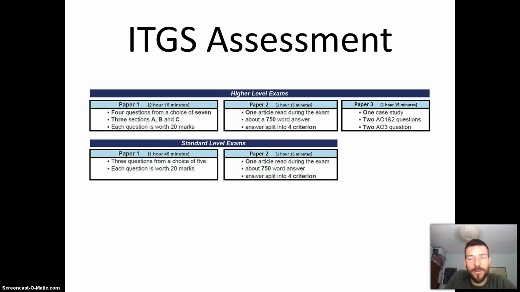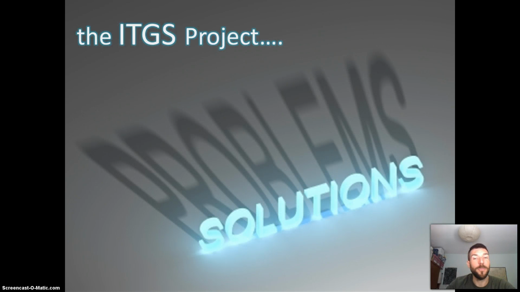But possibly the most interesting area of assessment is the project, because that gives the students a chance to identify a problem that they think they can solve using technology, and then to build that solution. So for example, this year I have students working on things such as the problem of supplies and stock in the science department prep room.